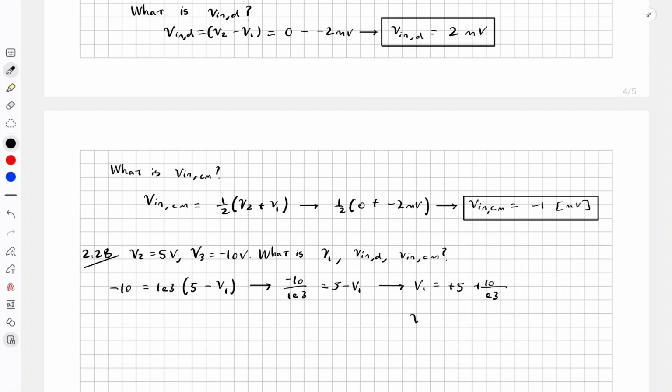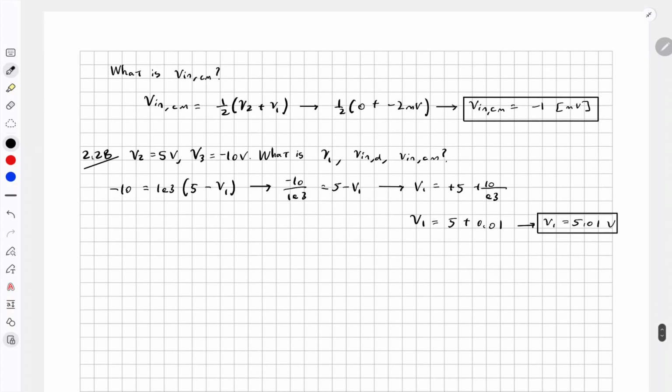So V1 is equal to 5 plus 10 divided by 1000, which is 0.01. So V1 is equal to 5.01 volts.